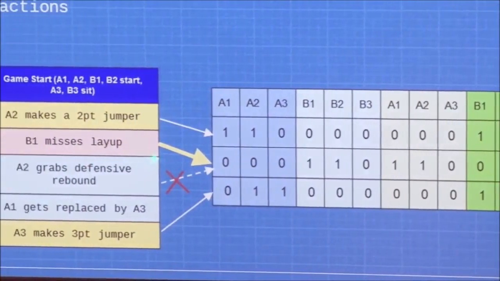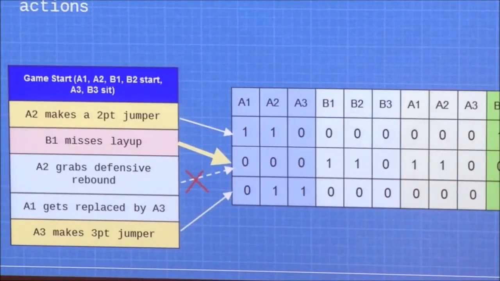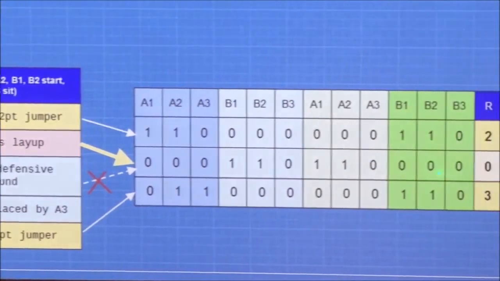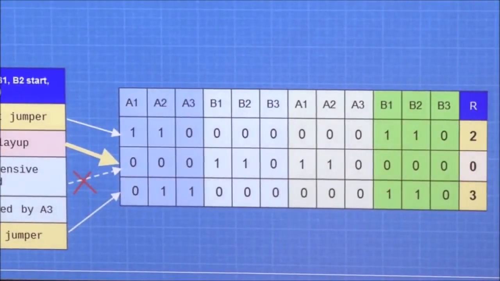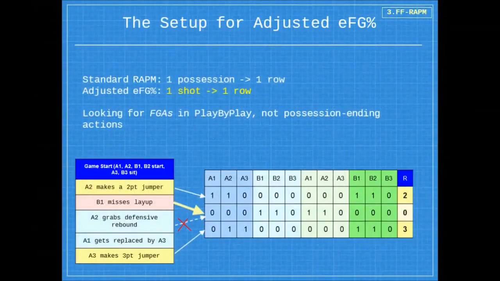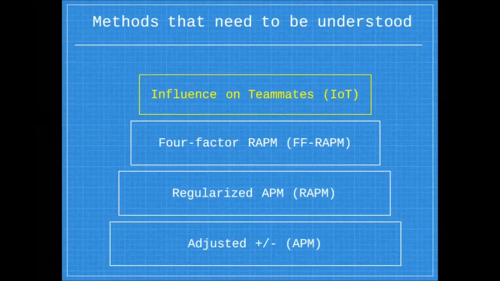But now it does, because we're not looking for possession-ending actions. We're looking for shots only. So this rebound doesn't turn into an observation, but this shot already does. This is how we get a player's influence on his team's effective field goal percentage.